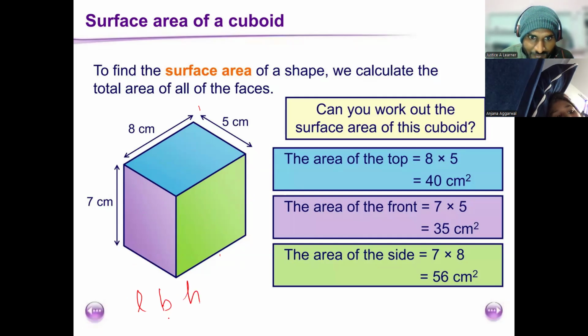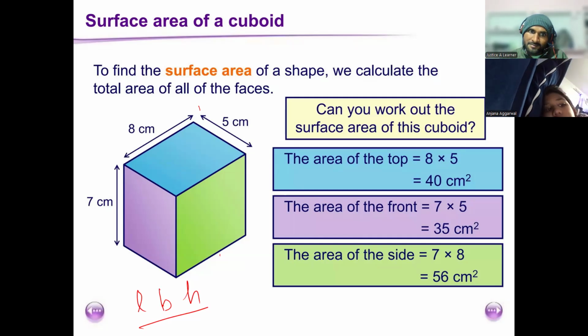So 8 is length. Length is 8 centimeters. Width is 5 centimeters. And height is 7. Good. Great. Very good.